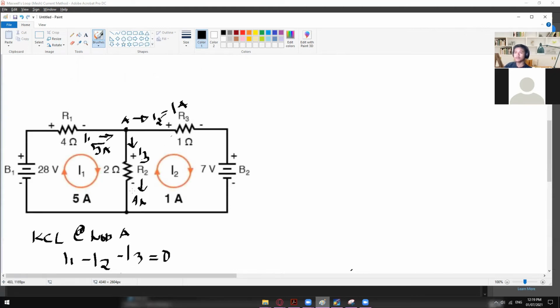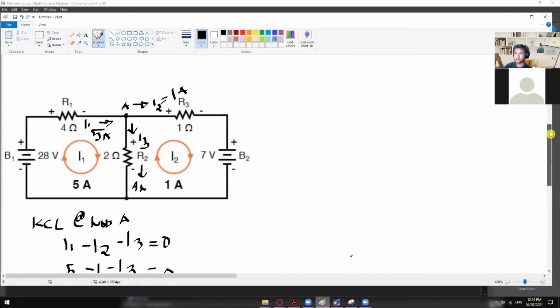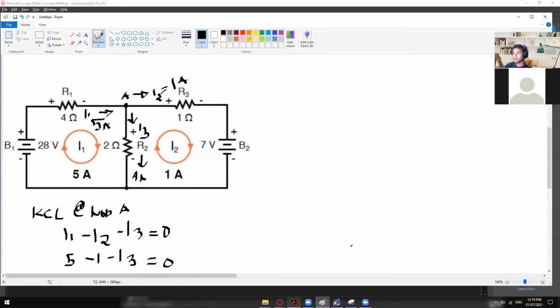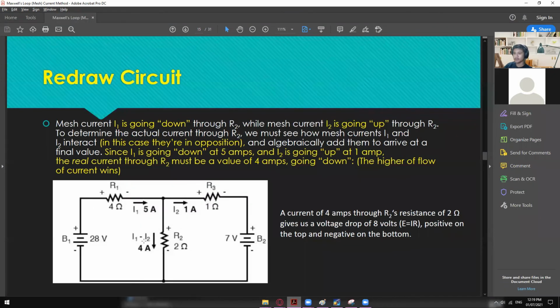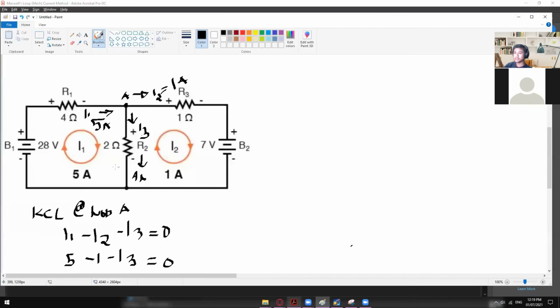Basically, 4 plus 1 is also equal to 5. Entering is equal to leaving. That's basically the idea of Kirchhoff's current law. That is the reason why we also have this one right here, I1 minus I2. So did you guys get this one so far?